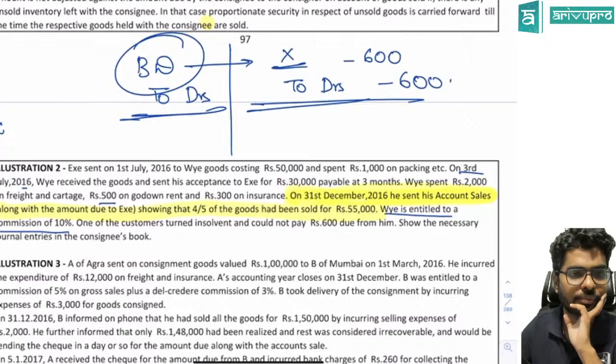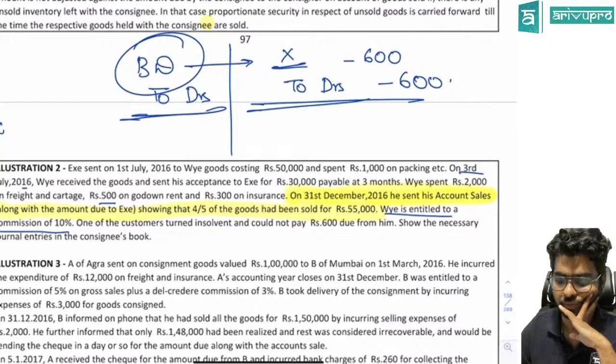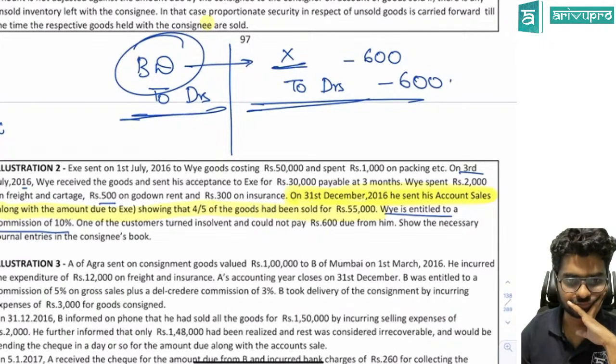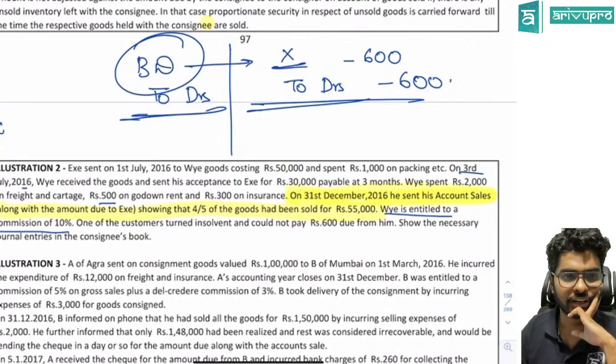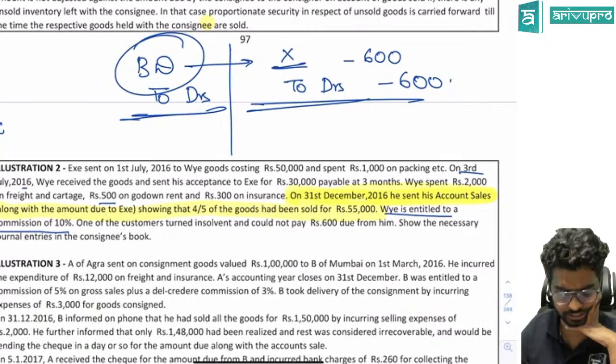Are you clear? Trade receivables or debtors, anything is fine.